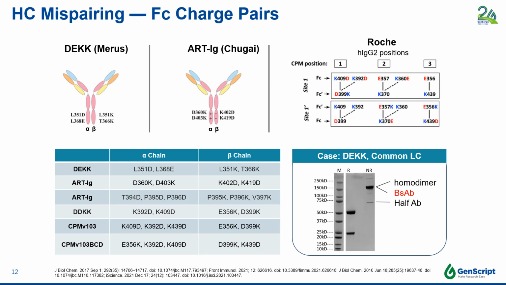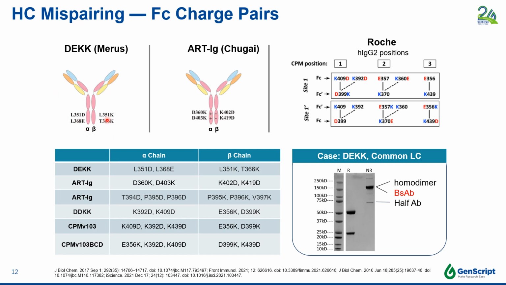In addition to knob-in-hole, Fc charge pairs, or electrostatic steering interaction, have also been widely used to avoid heavy chain mispairing. By substituting residues in two CH3 domains with negatively charged residues and positively charged residues respectively, the two heavy chains tend to form heterodimer.